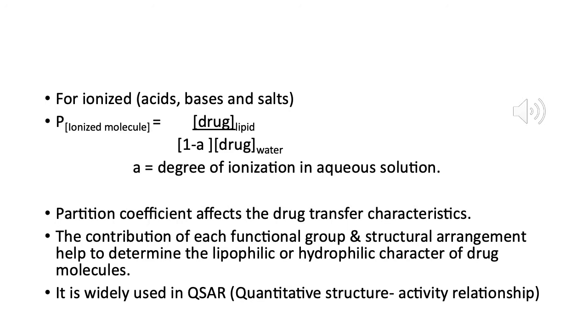The partition coefficient affects the drug transfer characteristics. The contribution of each functional group or structural arrangement can help to determine the lipophilic or hydrophilic character of the drug. This is widely used in quantitative structure activity relationships.